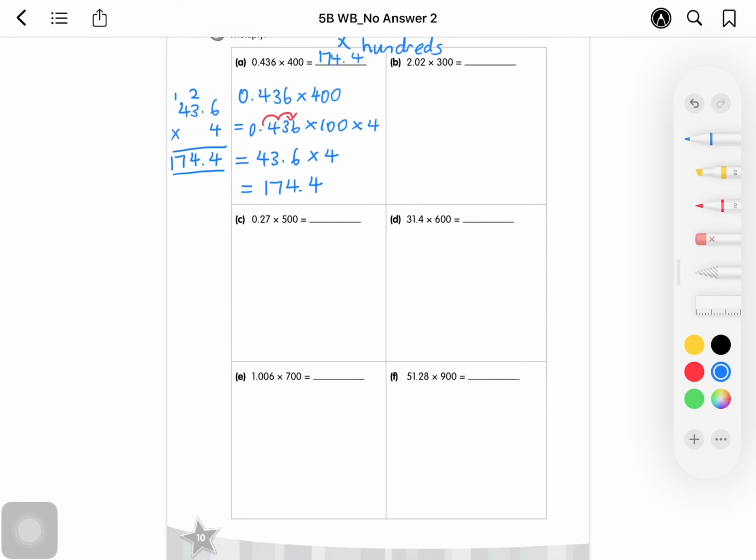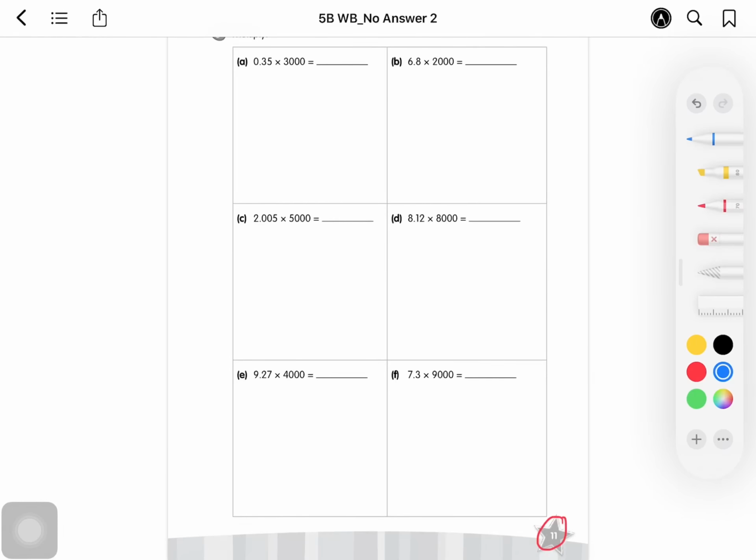And one more page, page 11, that I need you to do. This one I will multiply by thousands. When you multiply by thousands, you move 3 place values to the right. Let me show you with A again. 0.35, when I multiply by 3000, is actually equal to 0.35 times 1000 times 3.